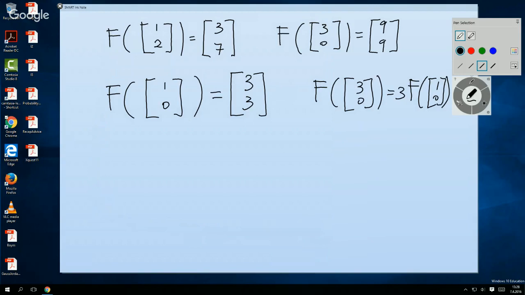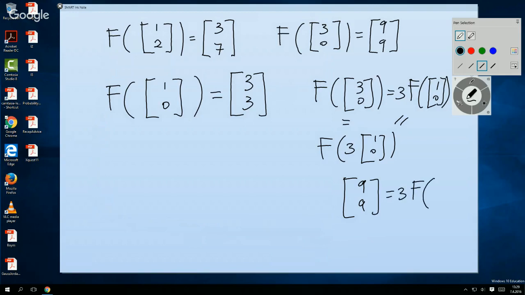So that took 5 seconds to do. You just use the fact that this is equal to f of 3 times (1, 0), and then since f is linear, that's equal to that. So (9, 9) is 3 times f of (1, 0). So f of (1, 0) is (3, 3).